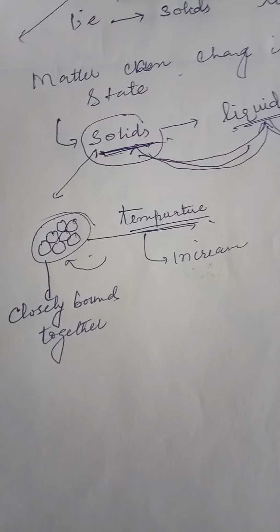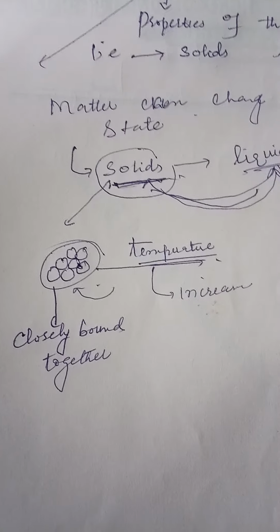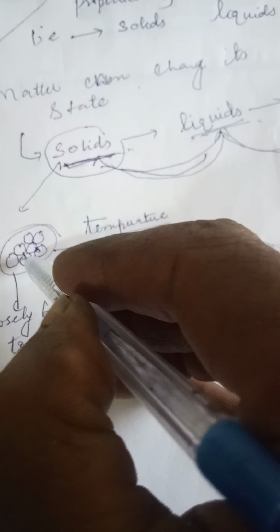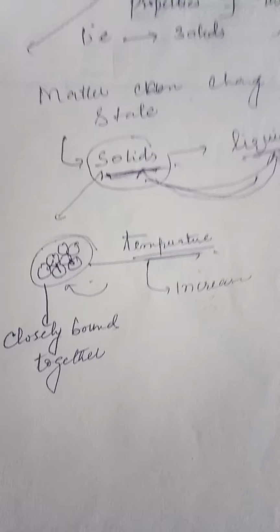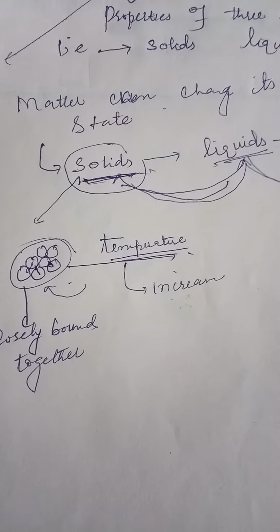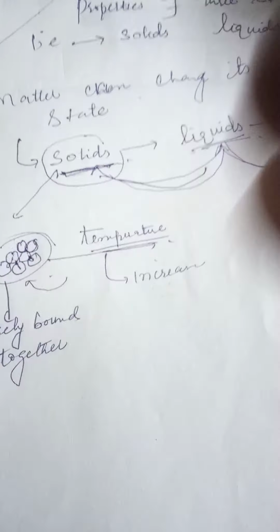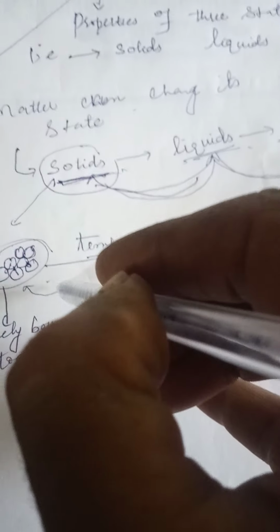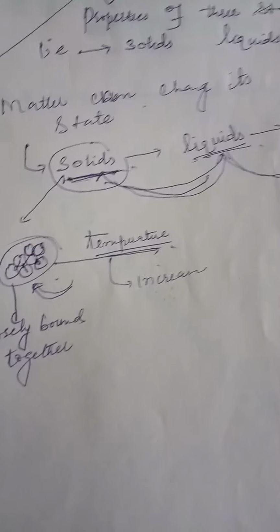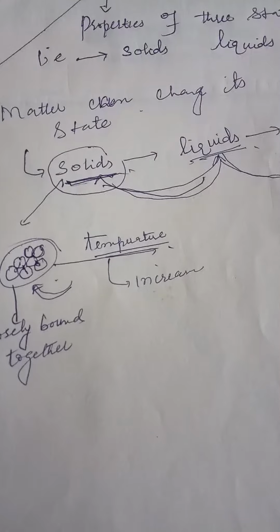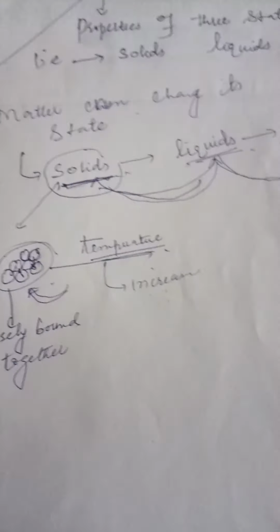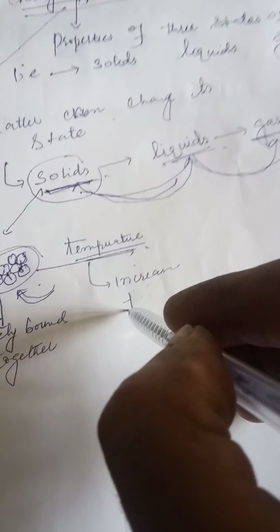When we supply energy, the strong forces that hold the particles together, this energy should be utilized. These molecules which are strongly bound together, the energy that we supply will be utilized, spent on breaking the strong forces between them.